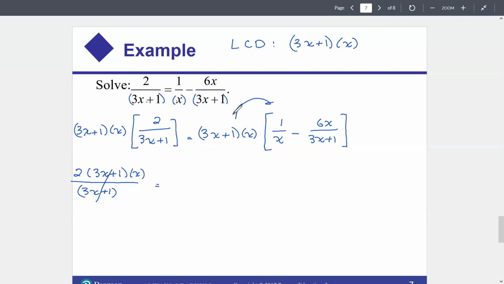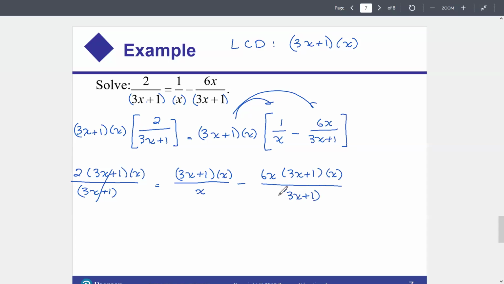If I distribute this over here, then I'm going to end up with 3x plus 1 over x, divided by x. And then we're going to have minus 6x times 3x plus 1 times x over 3x plus 1. And like I said, what should be happening is those denominators get canceled out. So I'm left with 2x is equal to 3x plus 1 minus 6x times x.